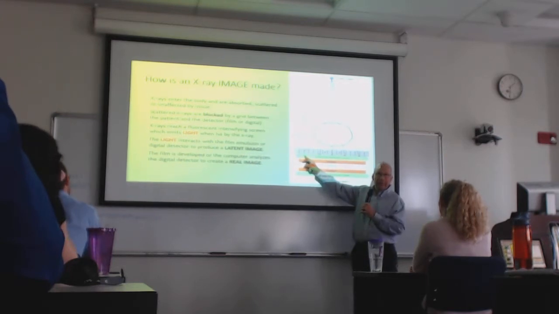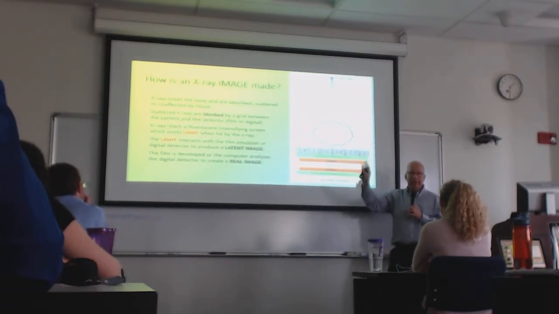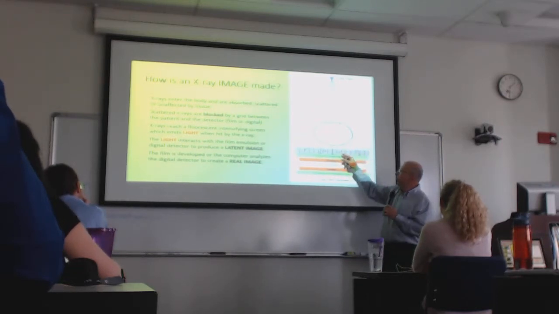And so I wouldn't get very good anatomic detail. If I was reading all of the scattered X-rays, I don't want to see scattered X-rays. Either the thing gets absorbed or it gets through.